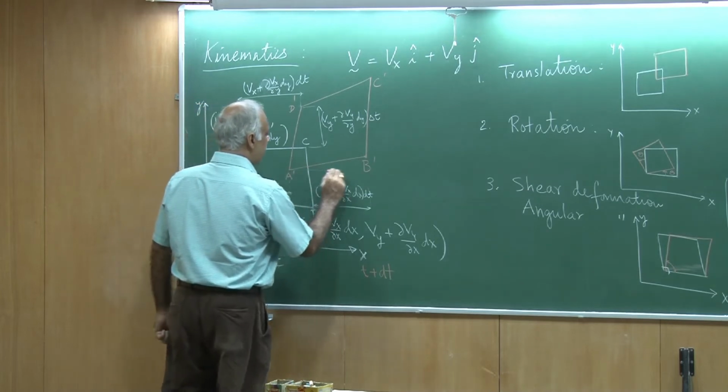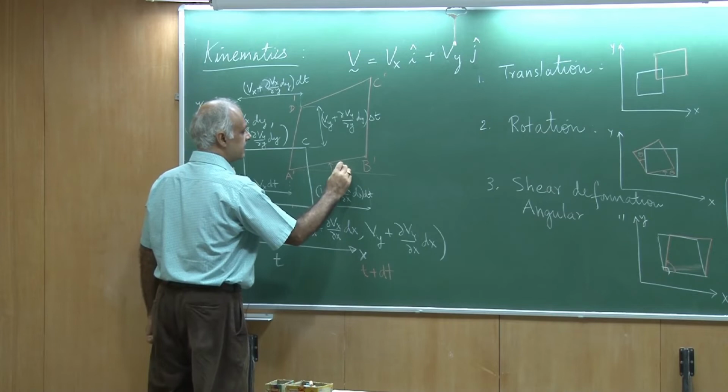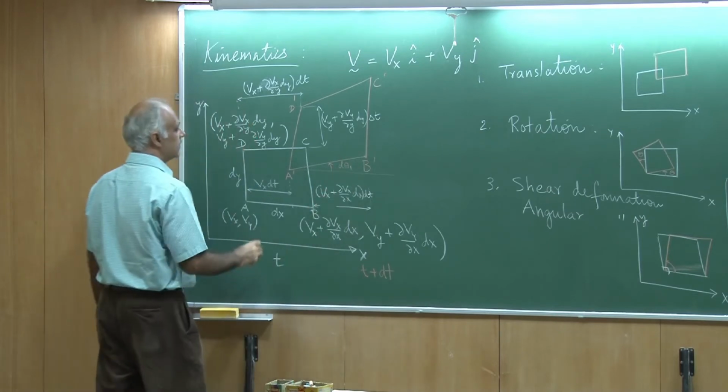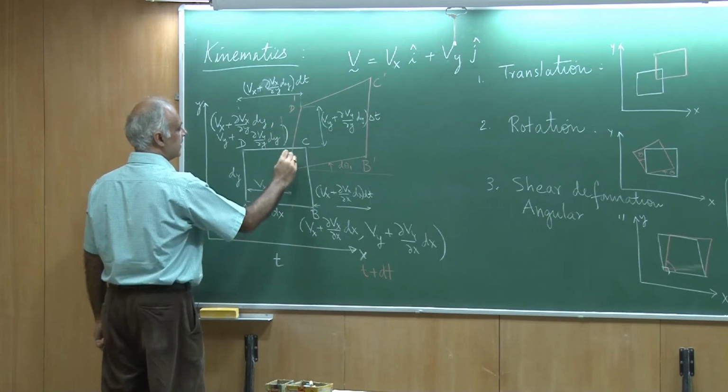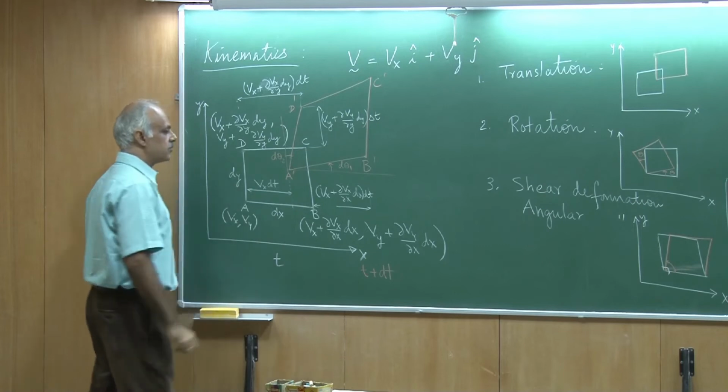What I am going to now mark on this diagram is, let us say this angle is theta 1, or maybe I will call it d theta 1, and this angle here is d theta 2.